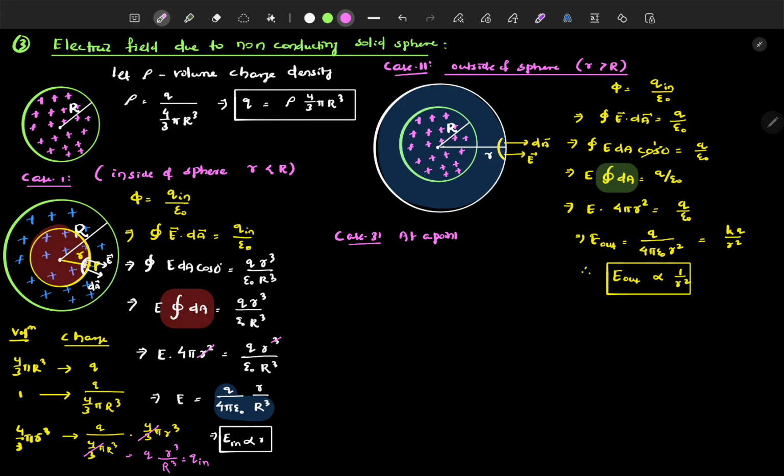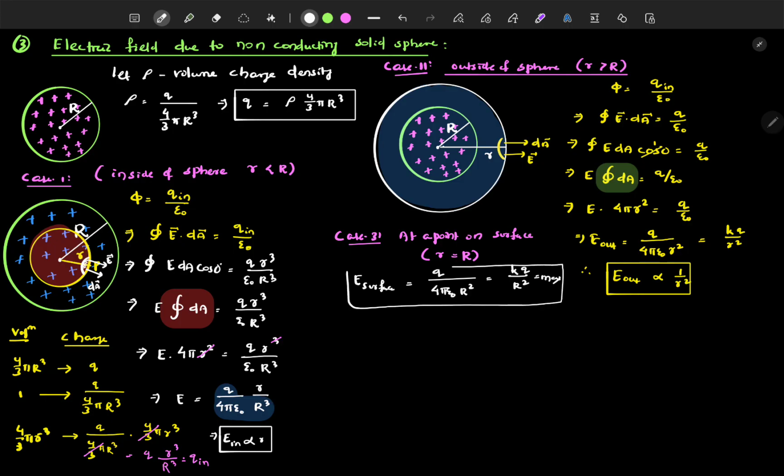At a point on the surface, small r is equal to capital R. So E on surface, from the previous result for E out, is Q by 4 pi epsilon naught small r square, so it will be Q by 4 pi epsilon naught into capital R square, or you may write KQ by capital R square, and it is the maximum value. Remember, on the surface the electric field is maximum.